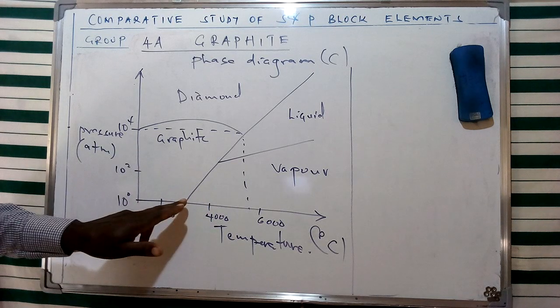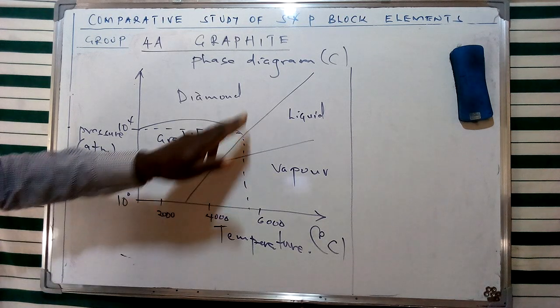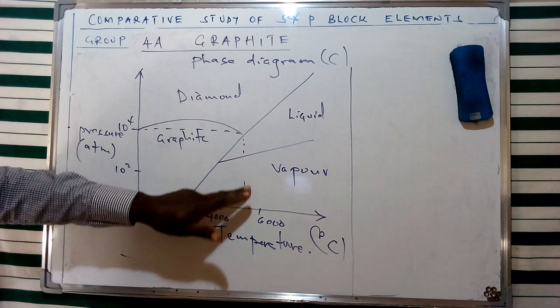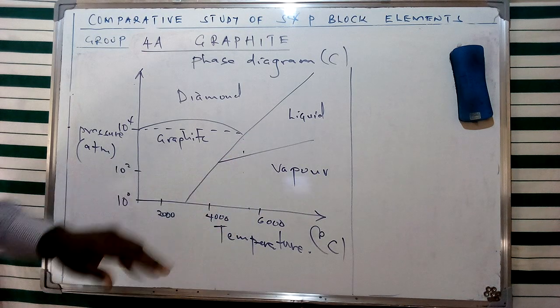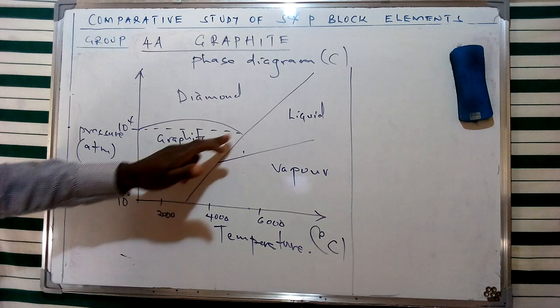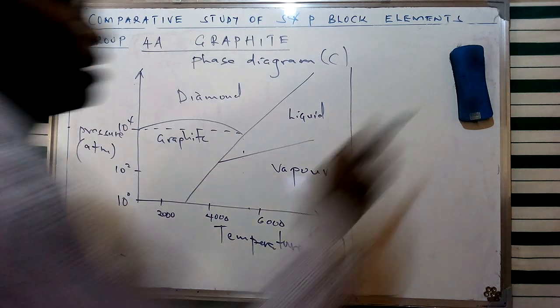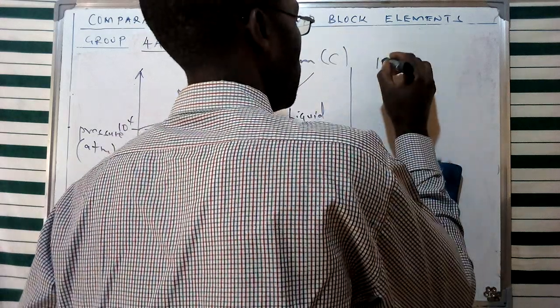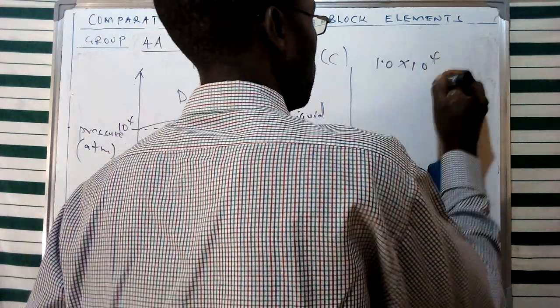particularly for this one, we're going to just be following this specific graph that is going to illustrate the phase, and therefore this specific point of approximately 3000 degrees centigrade and a pressure of around 10 to power 4. So this basically we can write in standard form.